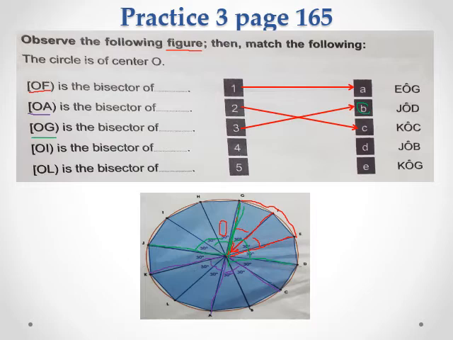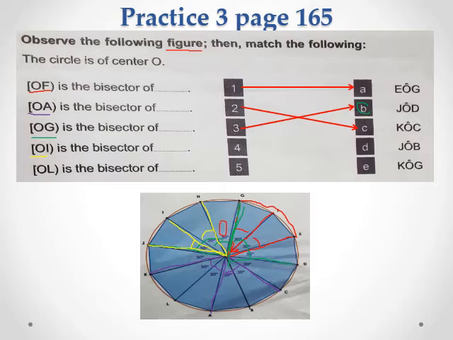Now OI is the bisector of which angle? Here is I. If I take one angle to the right and one angle to the left and notice that they are equal, then clearly I can say that OI is the bisector of JOH, the angle marked in yellow.